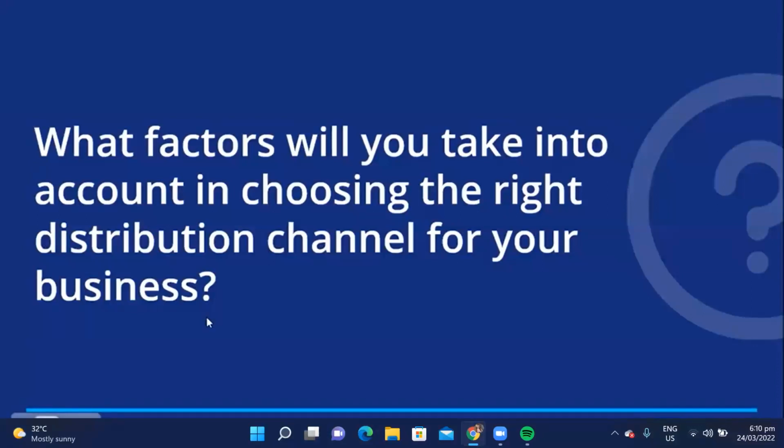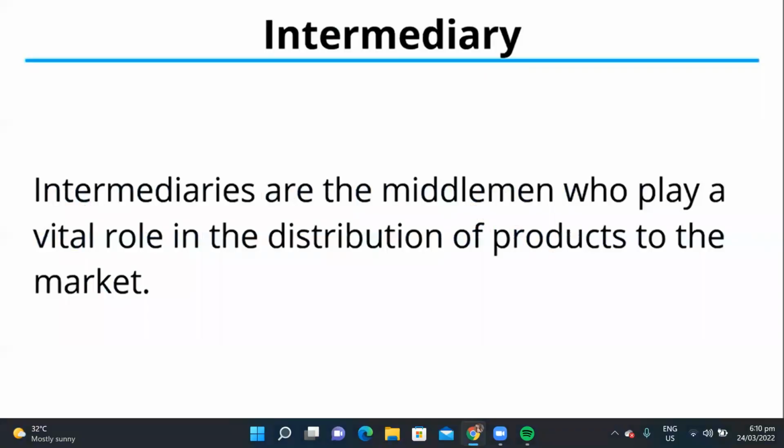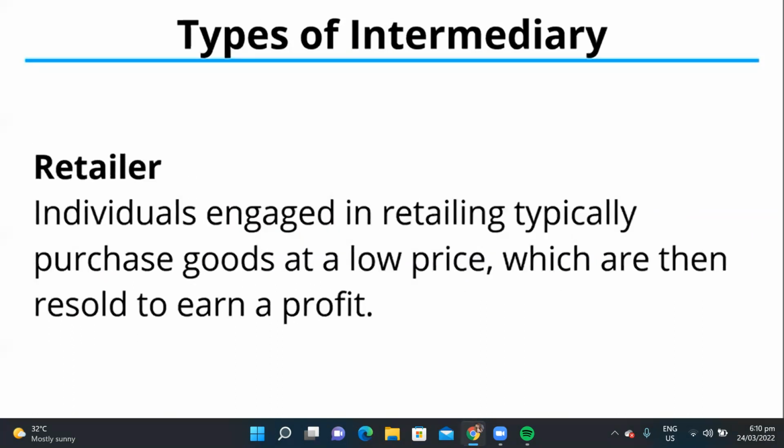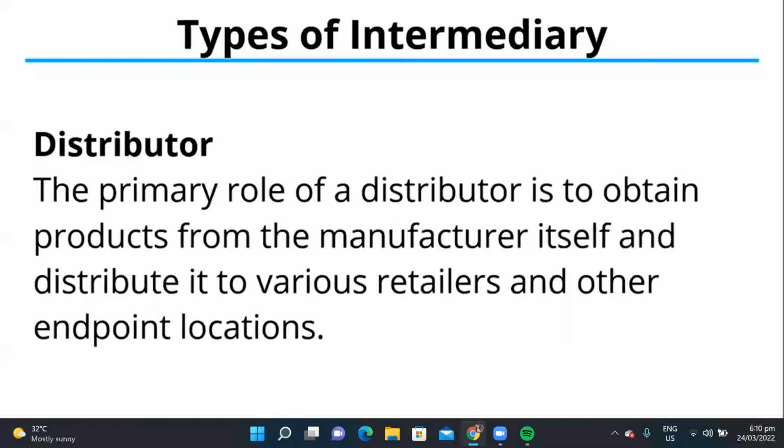For the middleman naman, we have the wholesaler, retailers, and marketing specialists. Intermediaries are the middleman, who play a vital role in the distribution of products to the market. For example, the wholesaler, they provide bulk quantity of products for resale. While the retailer naman, they sell in pieces to the final users.